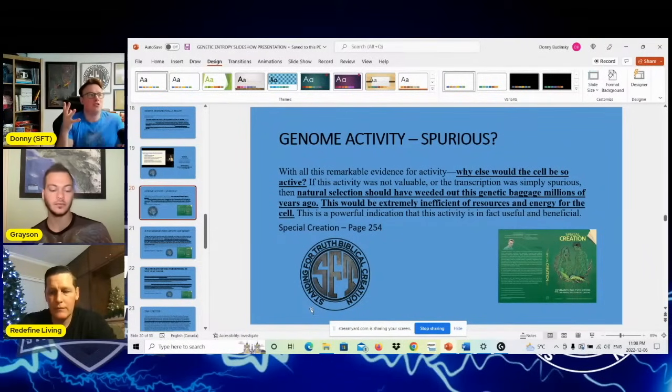Who cares if things are transcribed at low levels? That doesn't mean they're non-functional. There's a lot of ERV elements that are completely turned off. They're involved in embryonic development, from zygote to fully formed, healthy baby.